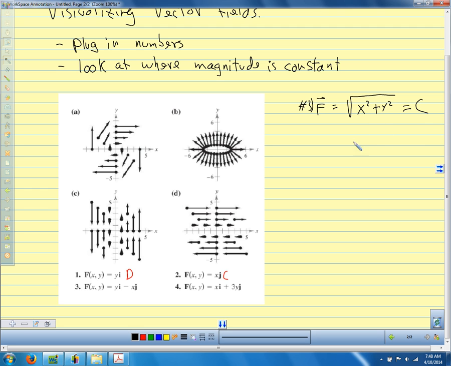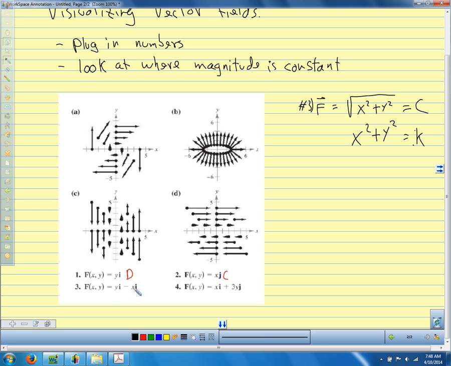I'm going to square both sides. x squared plus y squared equals c squared, some other constant k. So the magnitude is constant on what kind of shape? A circle. Here we have constant magnitude around a circle.